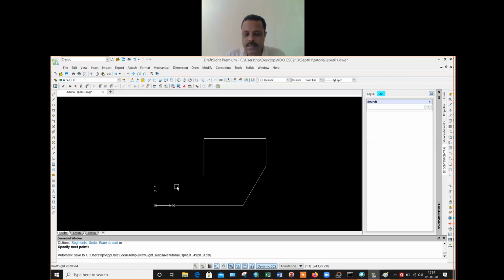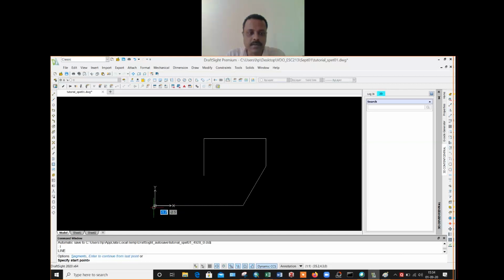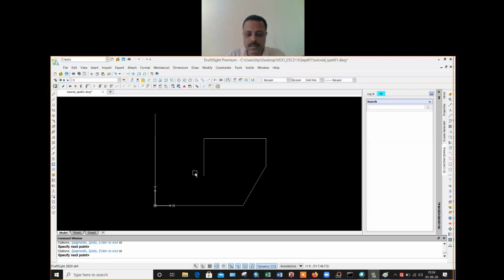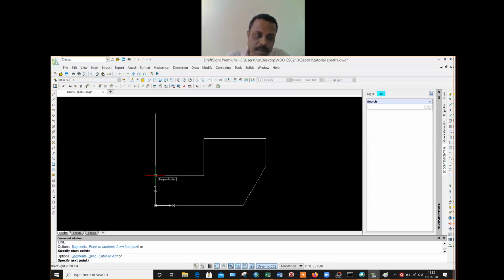So for that, I draw a line from my origin 0 0 in y direction, and then I draw a line from this point which is perpendicular to this line. Can you see the word perpendicular on the screen? Yes, sir. So when I get perpendicular, I click there and enter.